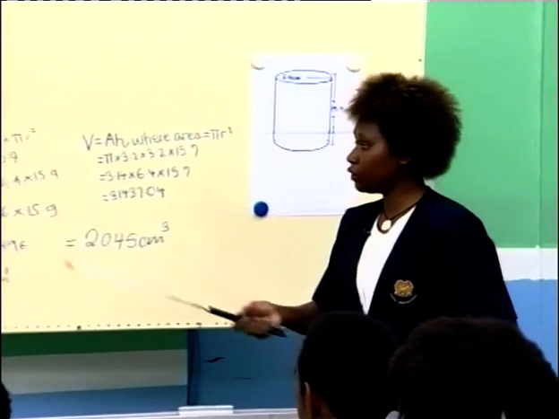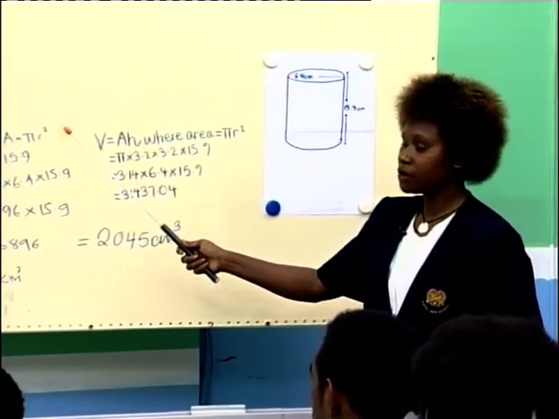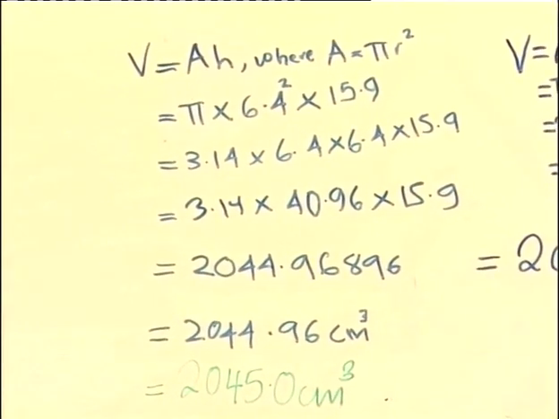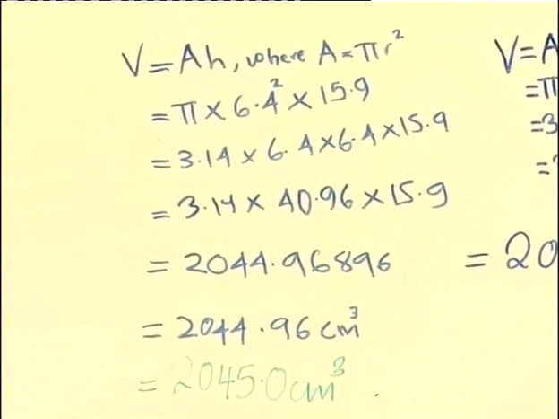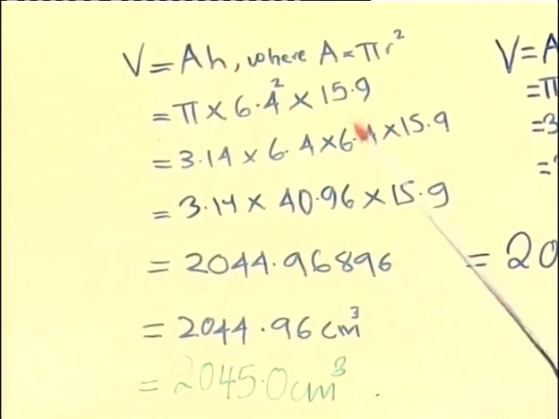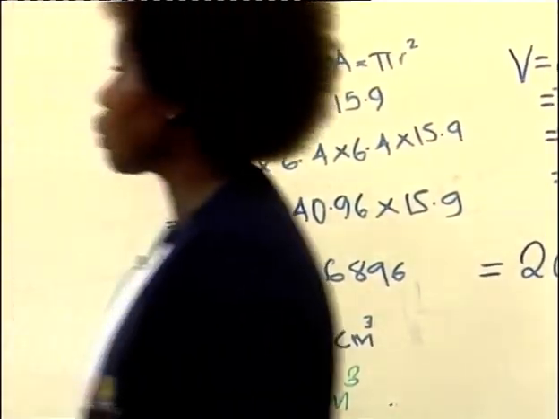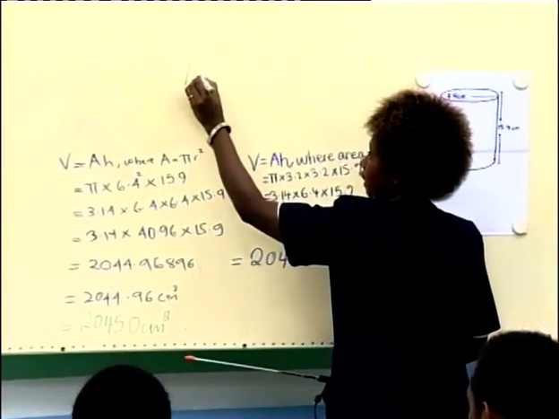So the formula for calculating the area of a circle is pi r squared. So we learned that the formula for calculating the volume of a cylinder now changes to V equals pi r squared H. Are we following?